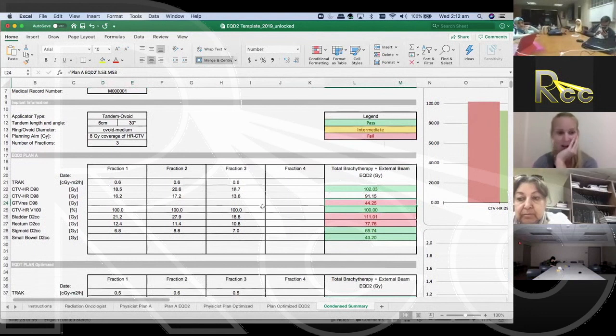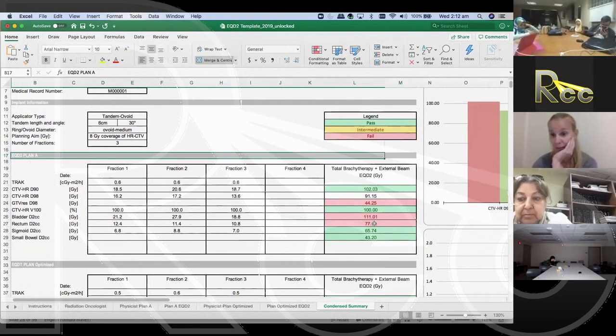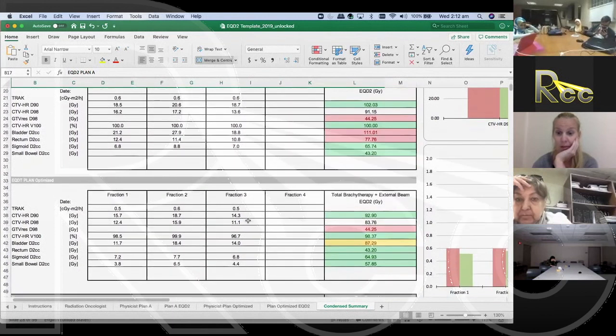So you can see, if we ignore this 44.25 because there is no data in there, so it's not going to pass. But you can see in our plan A, our bladder and our rectal dose is too high. We've exceeded the EQD2 dose tolerance for our bladder and rectum. When we go to our optimized plan, we've managed to pull the rectal dose much lower, almost halved it, which is great.